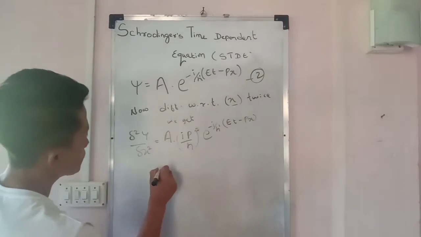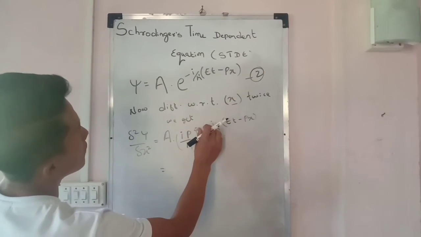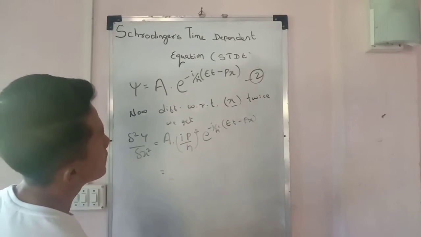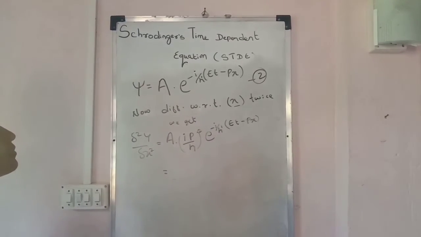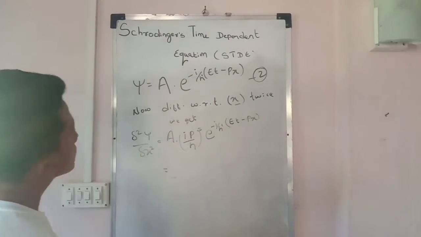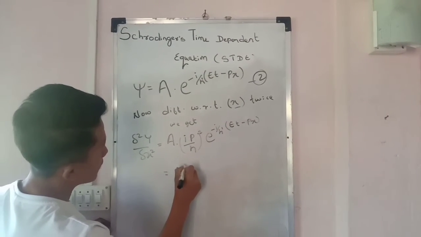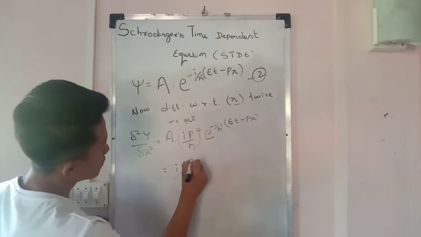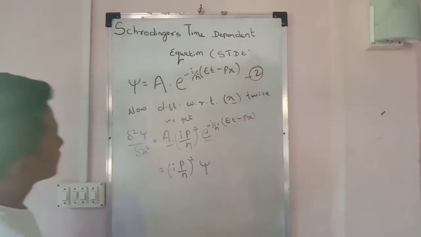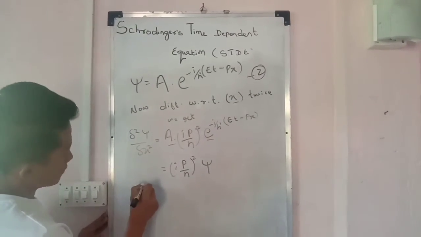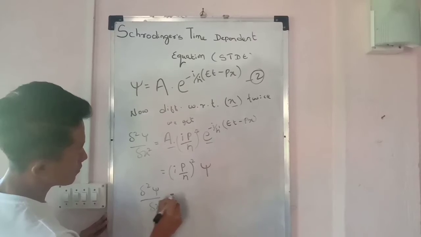In place of A and the exponential term, we can write psi, from equation 2. So replacing the value of psi, del square psi by del x square equals (ip by h dash) whole square psi.